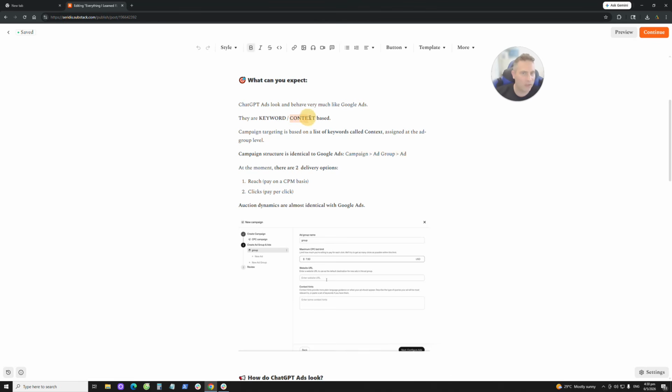They call it context. So you are going to insert a list of keywords that are going to define the context, maybe the topic that you are targeting. And then the algorithm is going to do the rest and find the right users based on the prompt that these users are basically typing in ChatGPT. That's how ChatGPT ads are working so far.